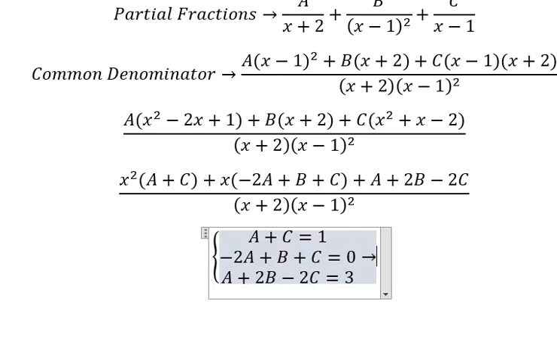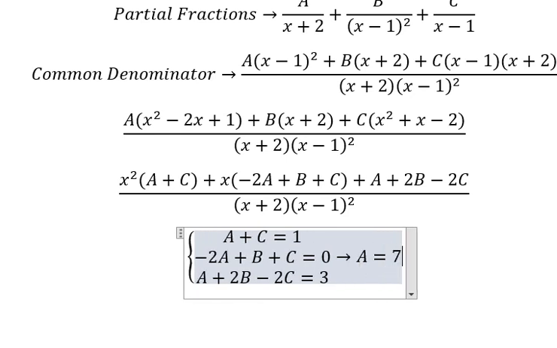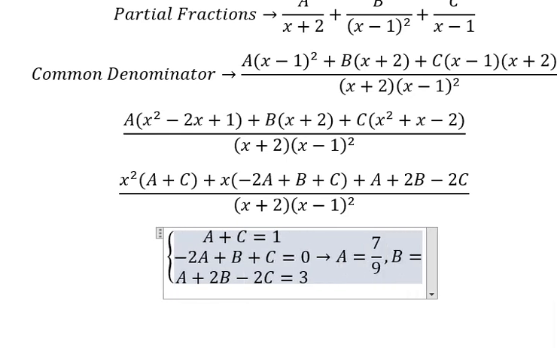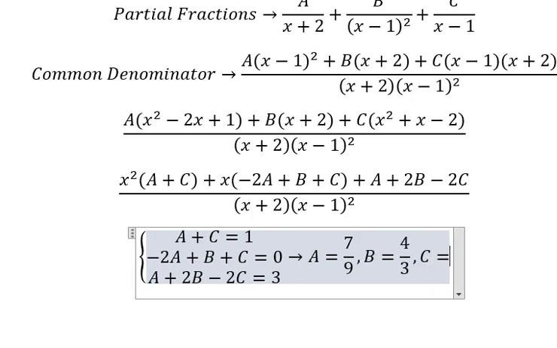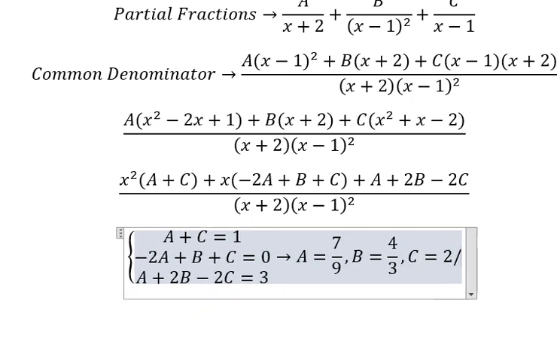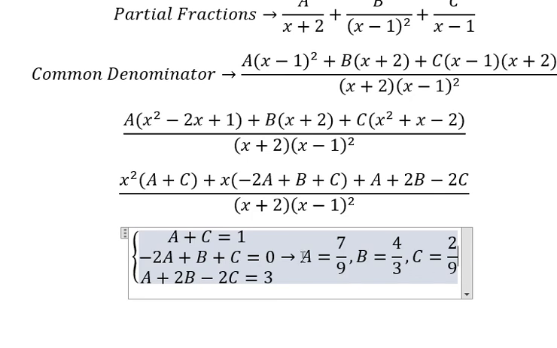Now we need to find the solution of A, B, C. So we have A equal to 7 over 9, B equals 4 over 3, C equals 2 over 9. Now we need to put the solution of A, B, C, go in here.